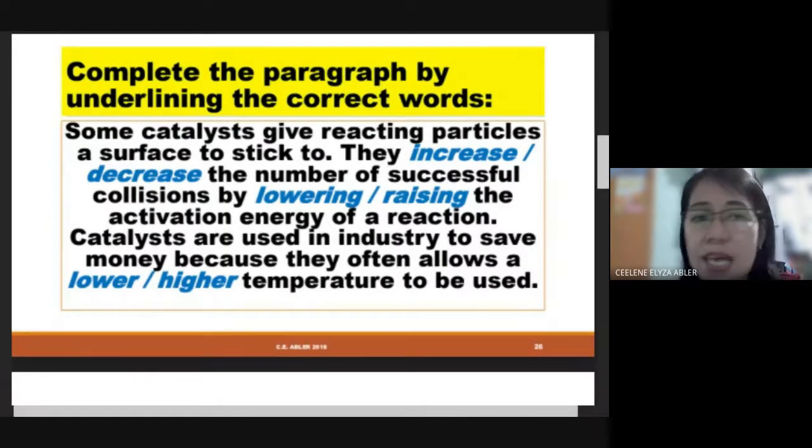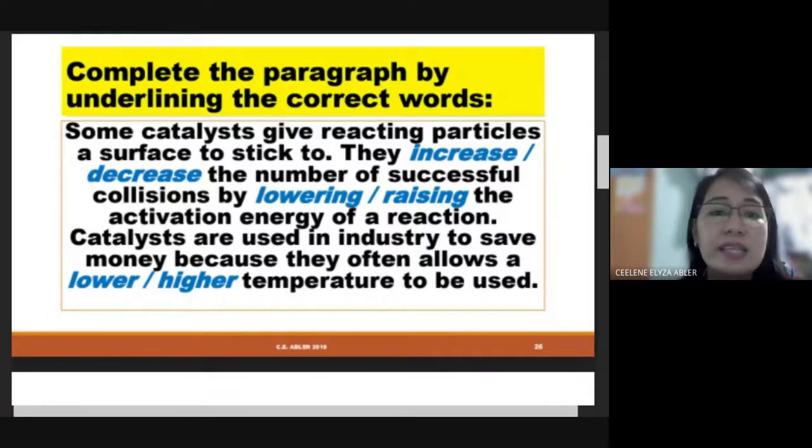Right. Some catalysts, remember that your enzymes, if you have already read your module 2, are actually biological catalysts or biocatalysts. So when you say catalyst, they actually increase the rate of reaction.